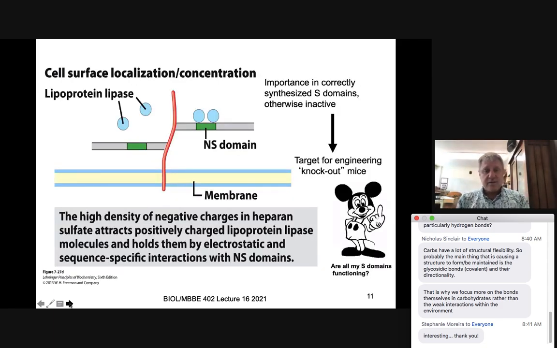We also have this capacity to utilize these with lipids, and in this case, lipoprotein lipases. These particular guys have the capacity to interact again with the surface membrane because of the negative charges on the heparan sulfate.